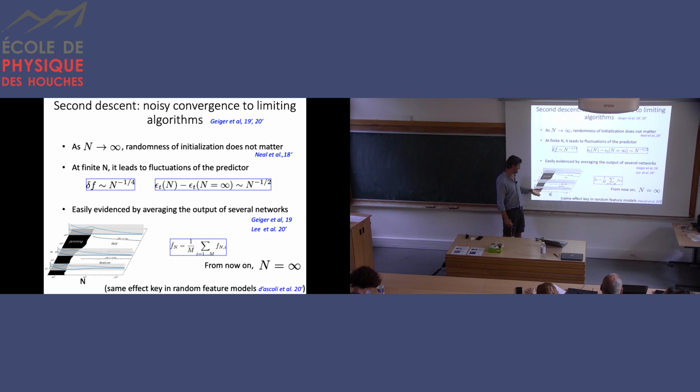Here we're discussing one effect, which has to do with the kernel at initialization being random. But as you know very well, there is another effect: when n is not infinite, even in this regime, the kernel will also evolve during training. What we are saying is that this effect we think is often the dominant one when we look at data, in the sense that when you remove it, it's almost flat.